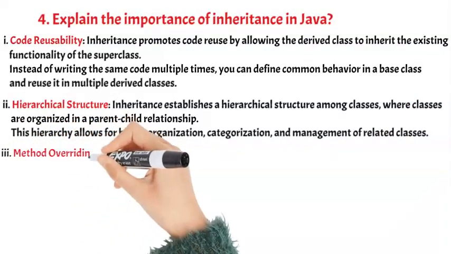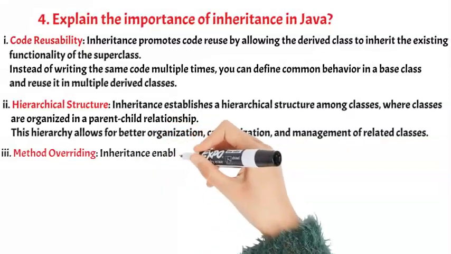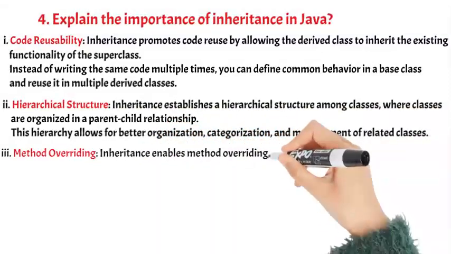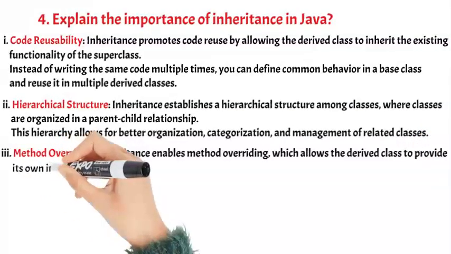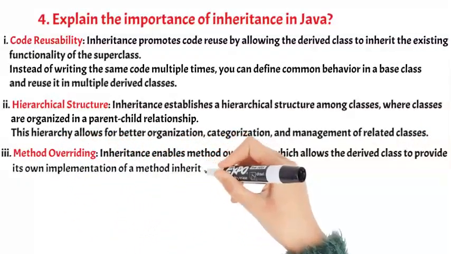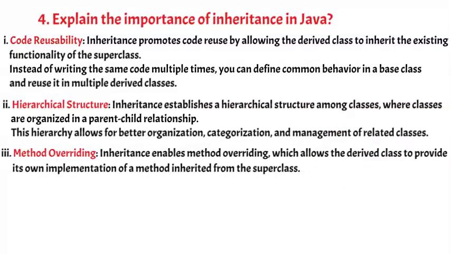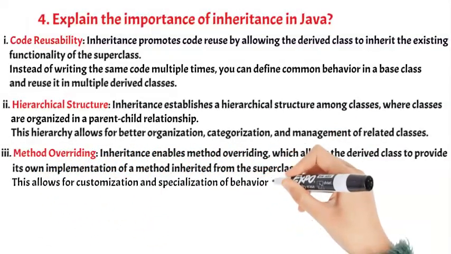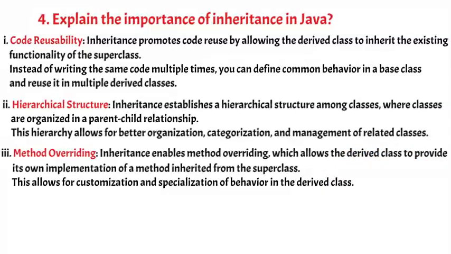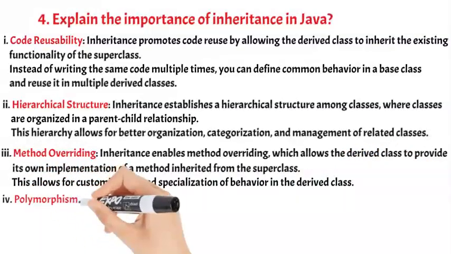3. Method overriding. Inheritance enables method overriding, which allows the derived class to provide its own implementation of a method inherited from the superclass. This allows for customization and specialization of behavior in the derived class. 4.